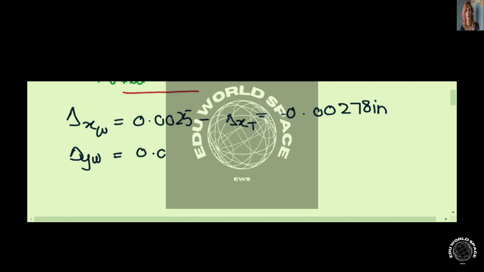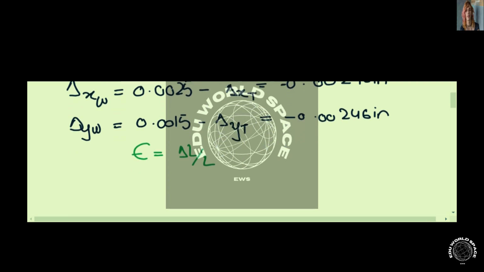So that is 0.0015 negative del yt, right? And that is equal to negative 0.00246 inches, right? Now what we are going to do is that we are going to use the elongation formula, that is strain is equal to del L divided by L, right? And then we'll get that the strain in the x direction is equal to del sub xw divided by L sub x, right?